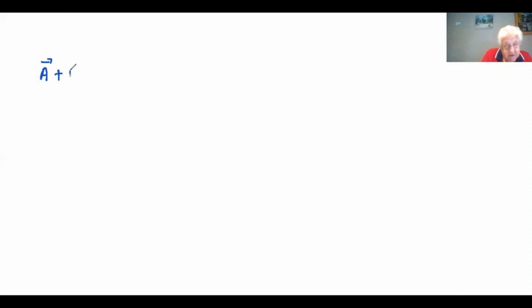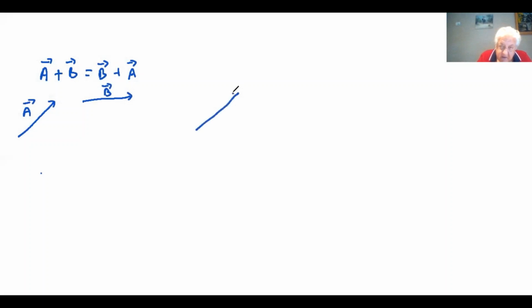A plus B equals B plus A. So if I take the vector, let me say this is vector A, this is vector B. Let me draw B a little bit longer.